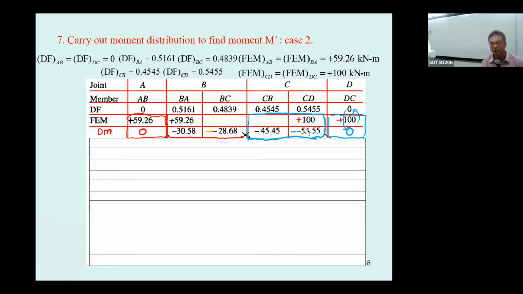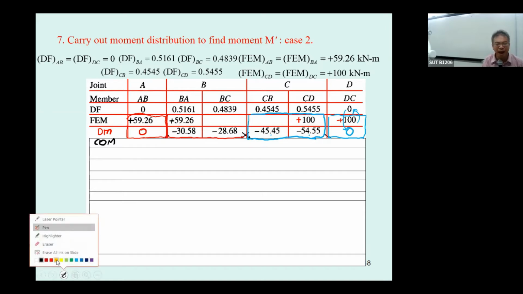Now, the obtained distributed moments must be carried over, and it's going to be the same as we did in the previous moment distribution. If you may recall, just go back and redo it.